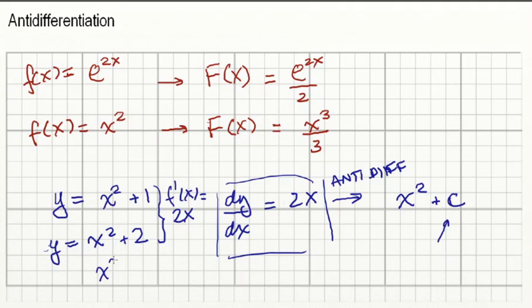If I had x squared plus a million, the derivative would still be the same. So the antiderivative of 2x is in fact a family of functions. So that's why from the beginning we will only be discussing integrals which are defined. When we define our integrals, then we won't have to worry about this sort of stuff.